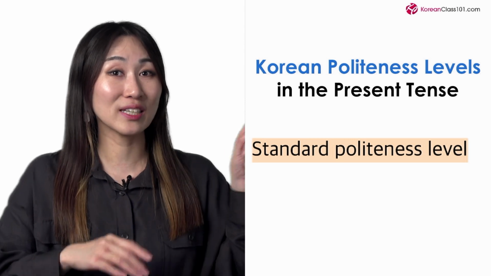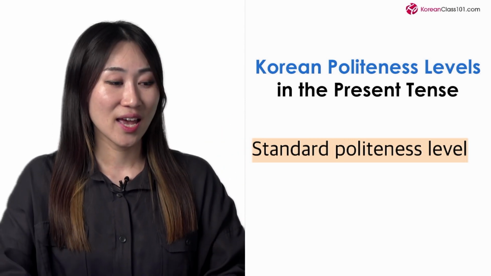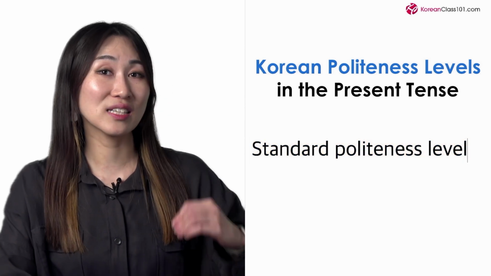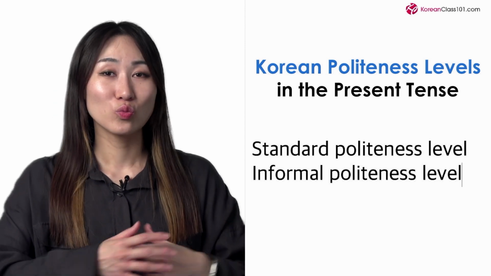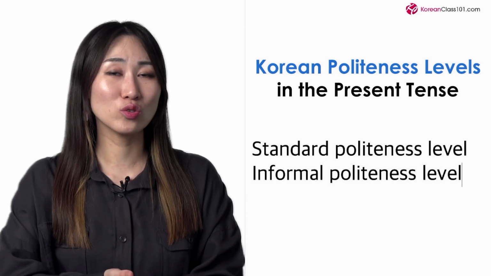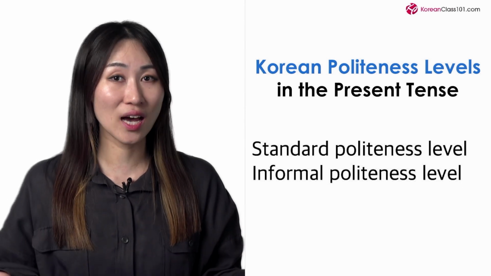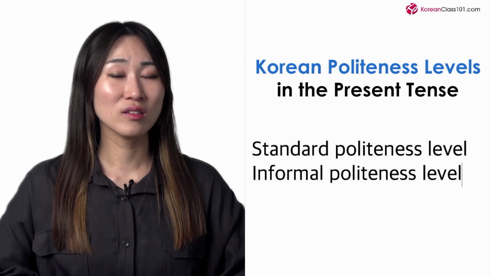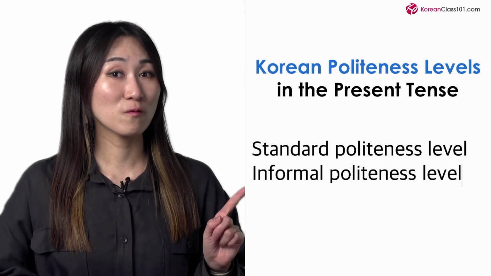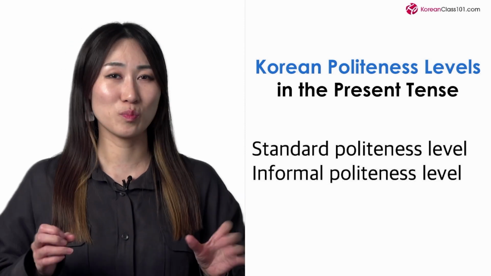So the standard politeness level is the thing that you must learn first. And there are other politeness levels too. With the informal politeness level, you can talk to your close friends that you've known for a long time and are at a similar age. And you can use it with your family members or really close people.